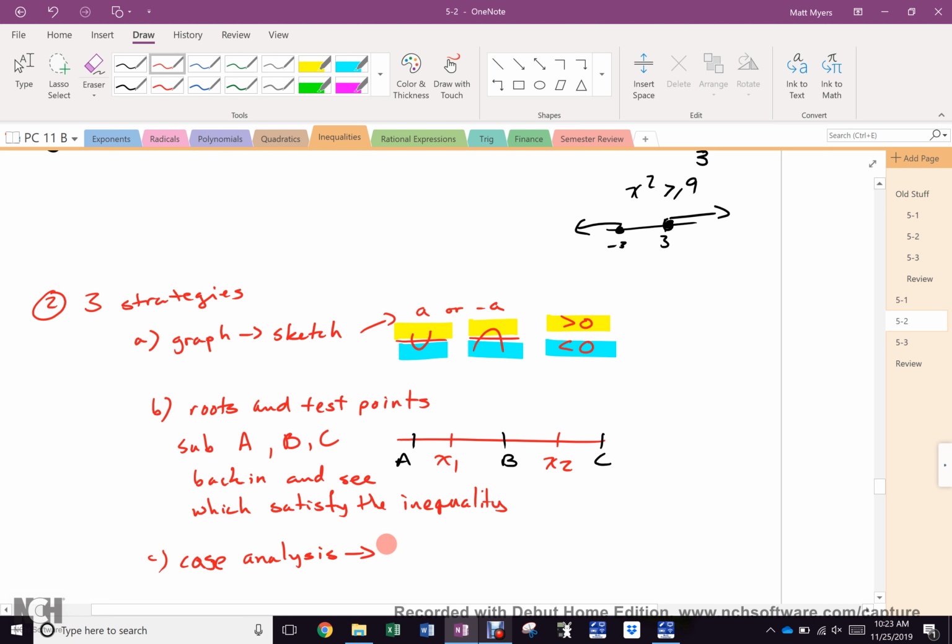And that really only works when we can factor. If it's factorable, it's a good one to try. And that's when it's x plus A, x plus B, greater than 0.